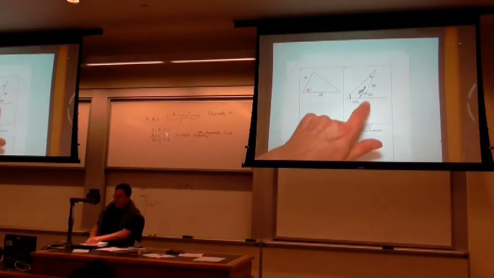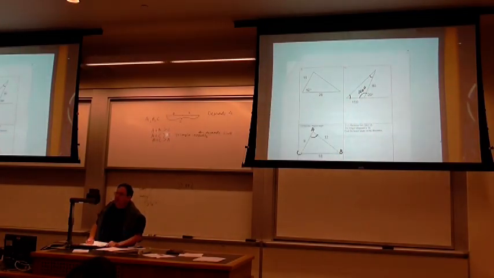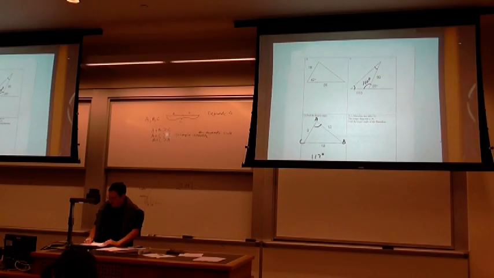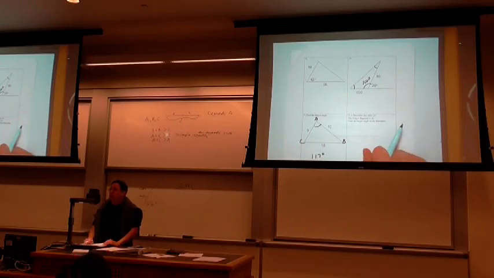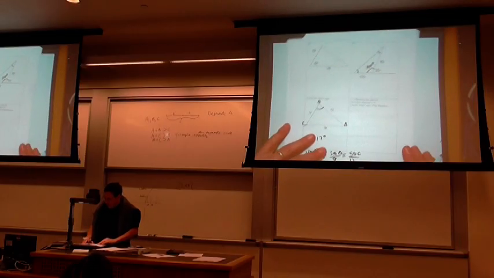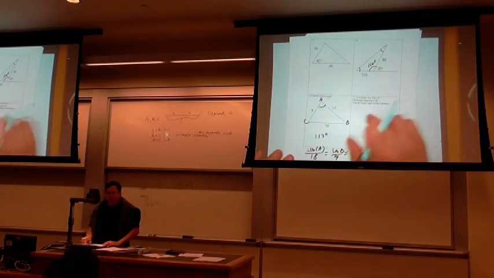Can I say it in Russian? Please, say it in Russian. Смежный угол. How do you say complementary and how do you say supplementary? This is supplementary, смежный.